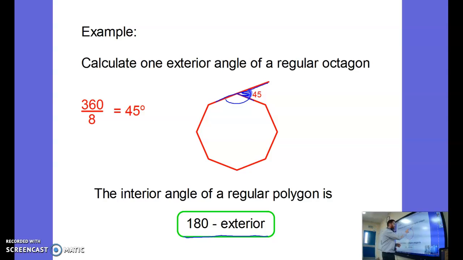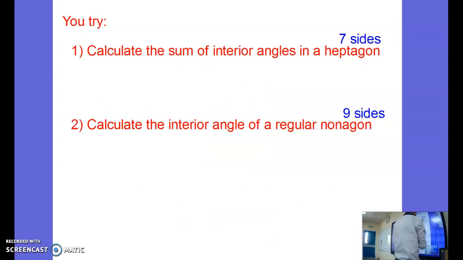So if I have the exterior, to calculate the interior, I simply do 180 minus the exterior. And so in this case, we get 135 degrees. So that's another useful rule. The interior and the exterior add up to 180 degrees, or one interior equals 180 minus the exterior. All right, 3 rules there.